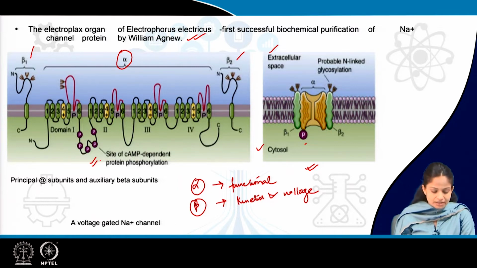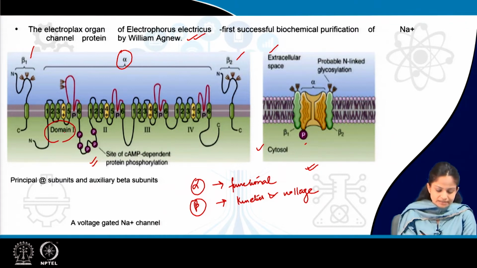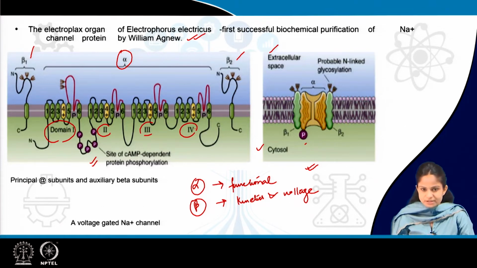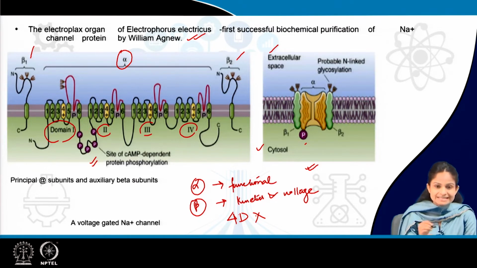Rest, we have 4 domains: domain 1, domain 2, domain 3 and domain 4. These are the transmembrane domains present in the alpha subunit. Each domain consists of 6 segments: S1, S2, S3, S4, S5, S6.